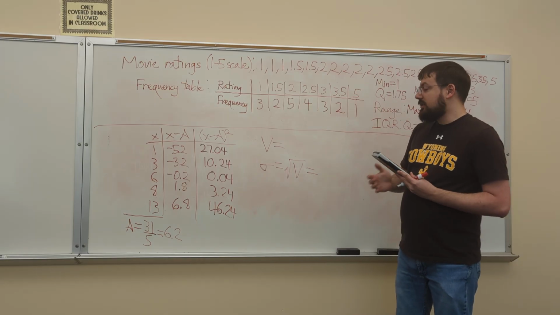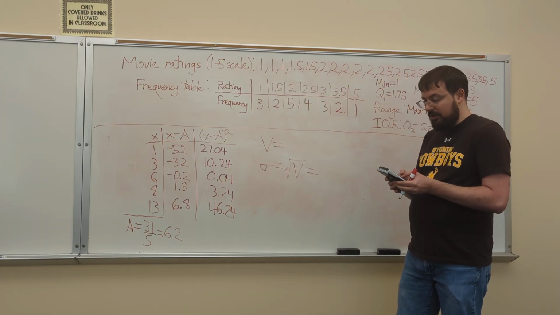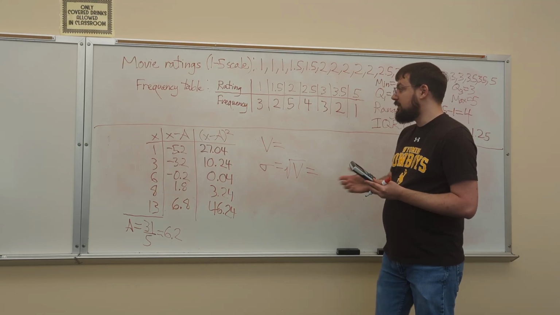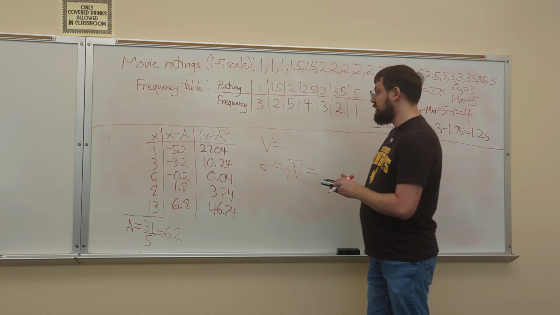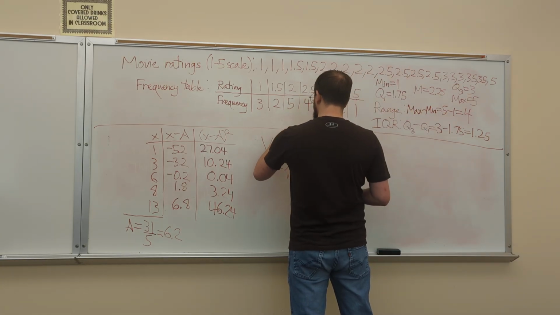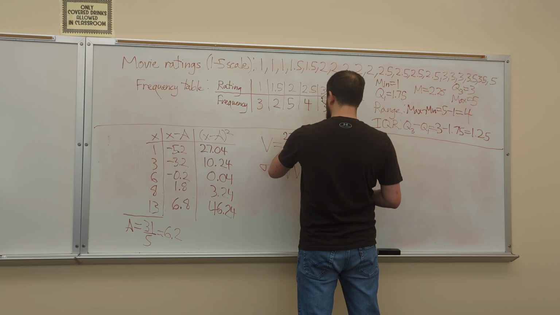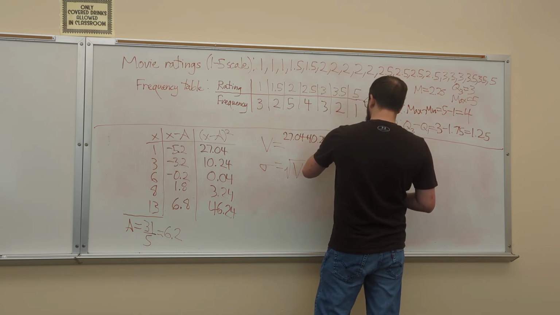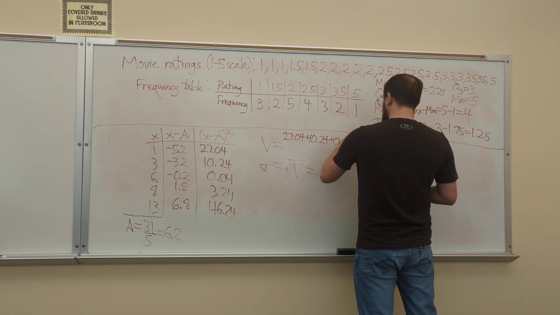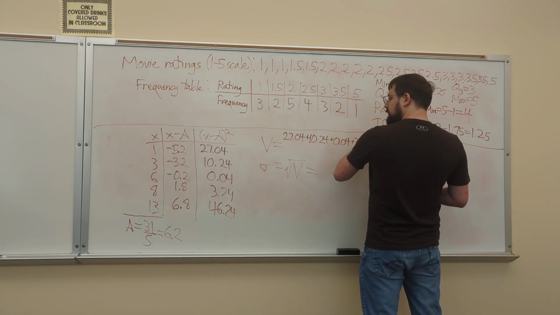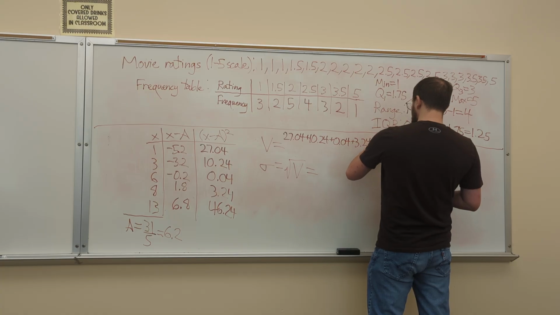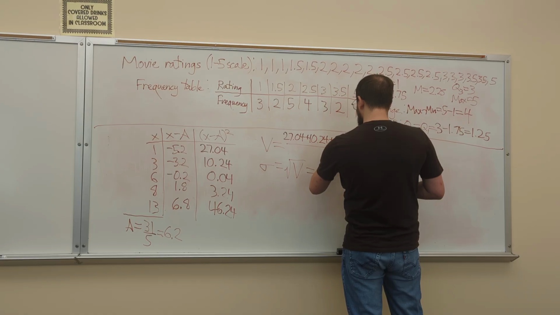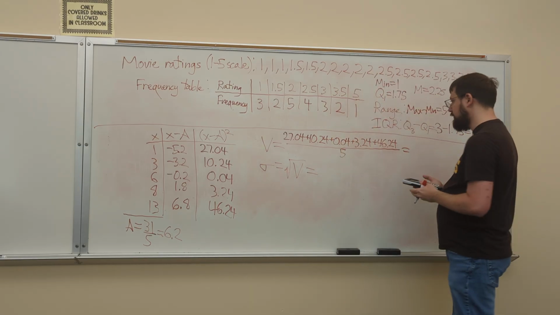The next step is we're going to calculate the variance. The variance is basically just the average of all of our squared deviations. So we're going to take all of our squared deviations, 27.04, 10.24, 0.04, 3.24, 46.24, add all of these up and divide them by our total number of data points, which is still 5.